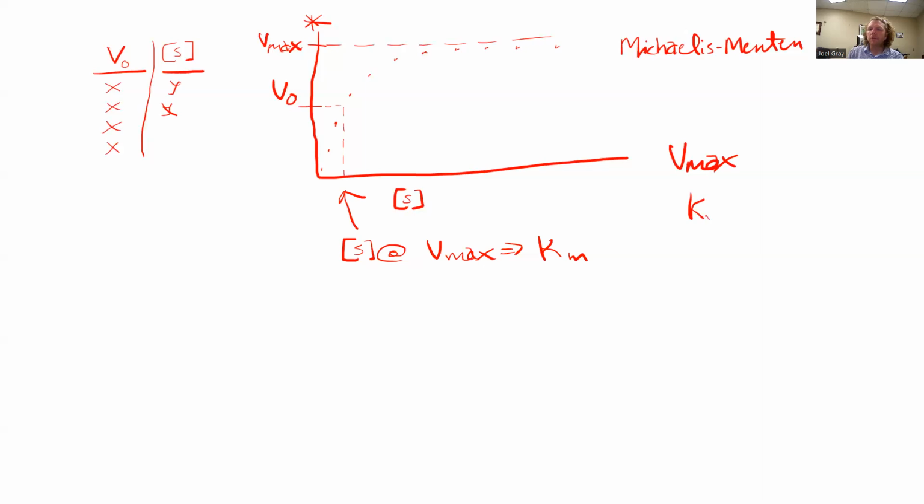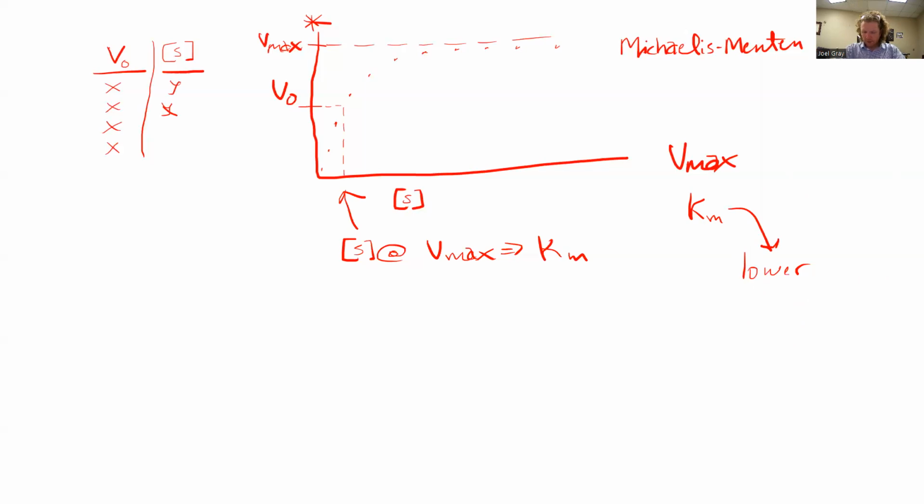Now, Km, in addition to providing you the substrate concentration at half of Vmax, also gives you a measure of the affinity that your enzyme has for that substrate. So the lower the Km is, the higher the affinity your enzyme has for that substrate.